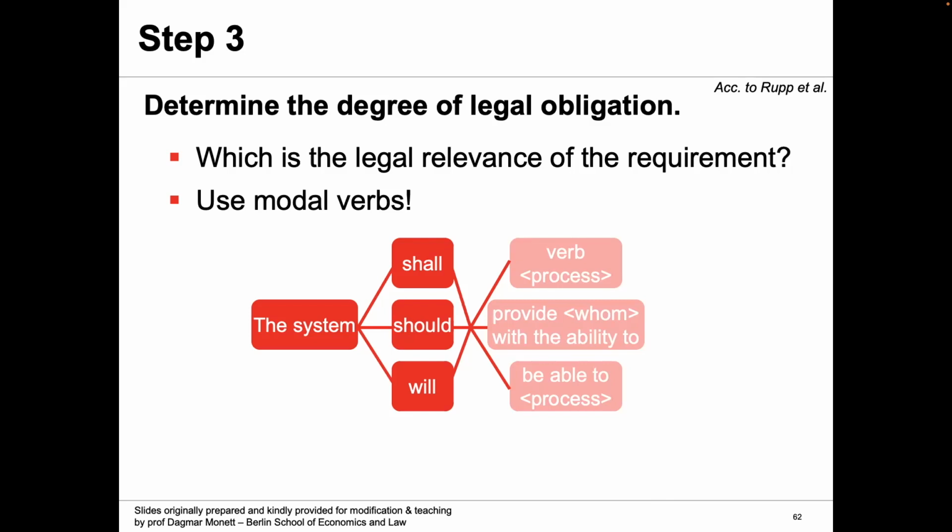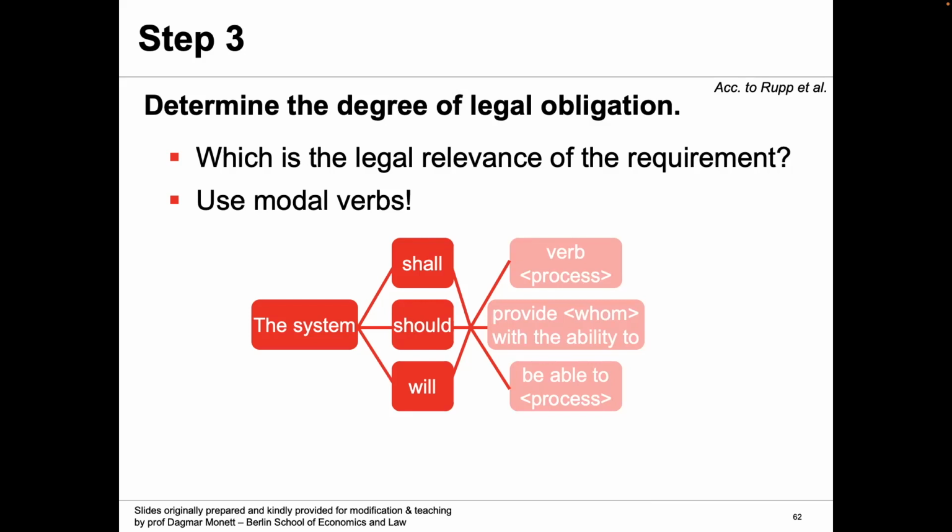And by definition, open source software projects have no legal obligation. Whether you fulfill a requirement or you don't, no one is going to ask you, and you're not going to be legally bound. But if you go back to this slide, it says that in order to write a good requirement, there may be a legal relevance involved.